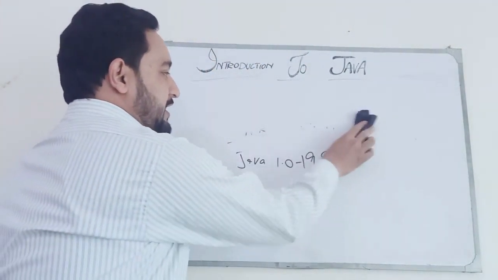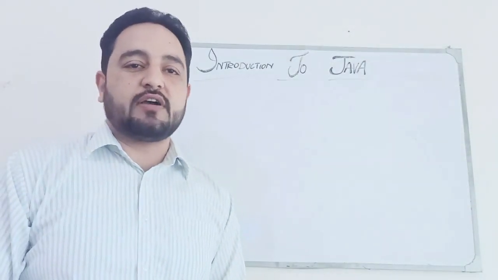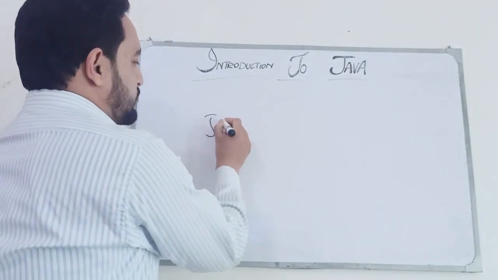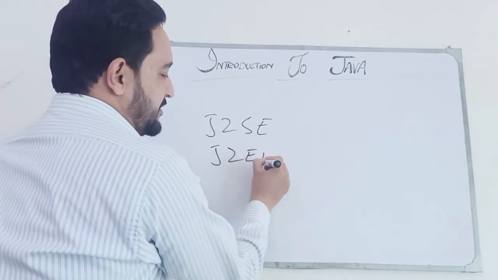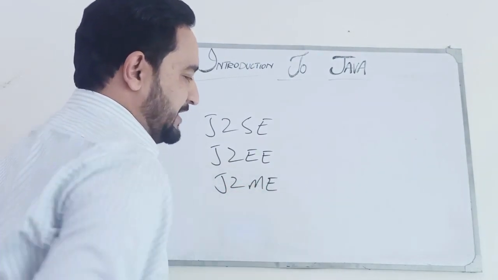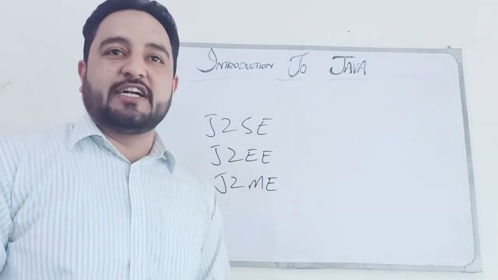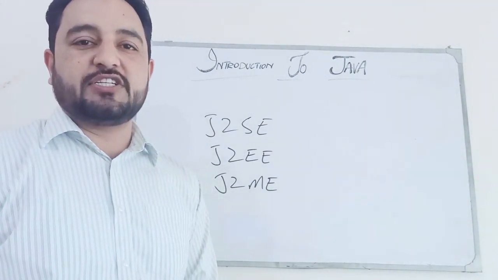Java has three major categories, which are Java 2 Standard Edition, Java 2 Enterprise Edition, and Java 2 Micro Edition or Mobile Edition. Java 2 Standard Edition is used for client-side applications.